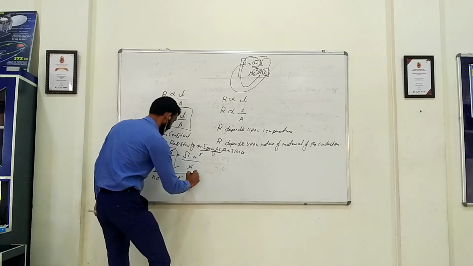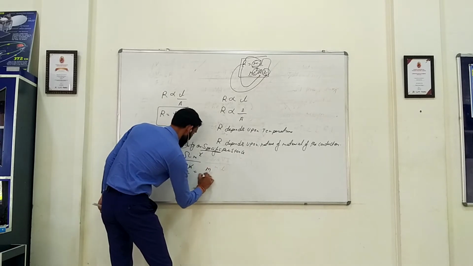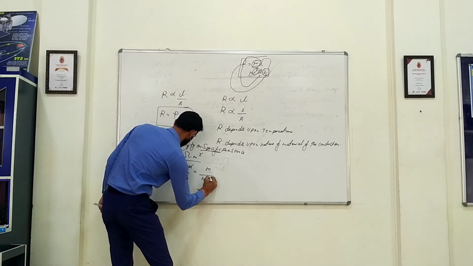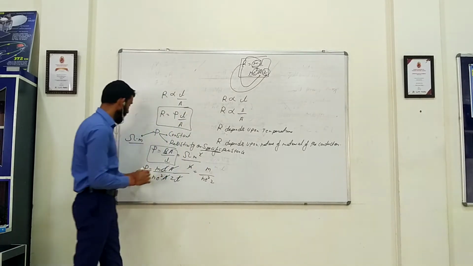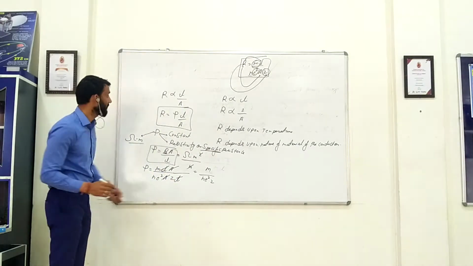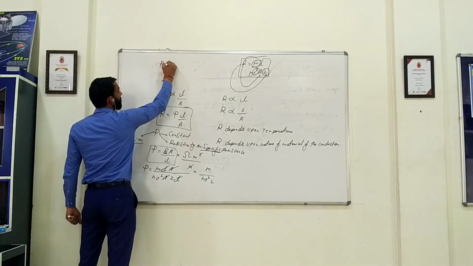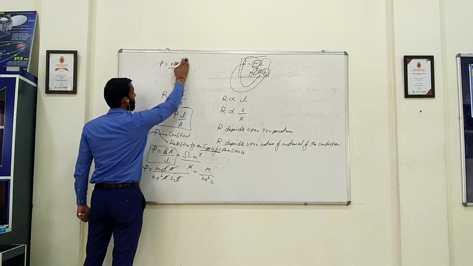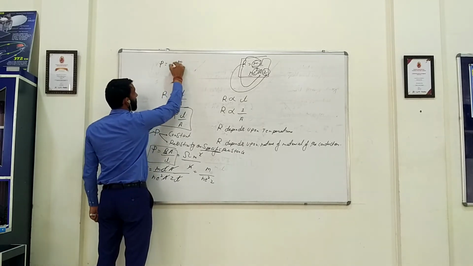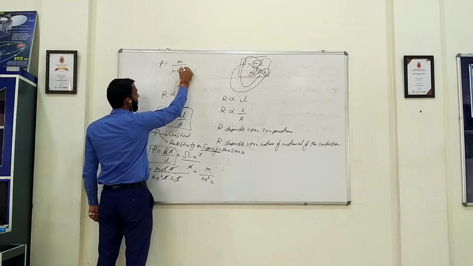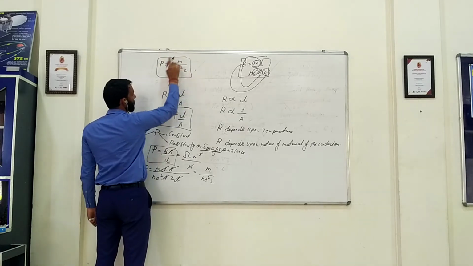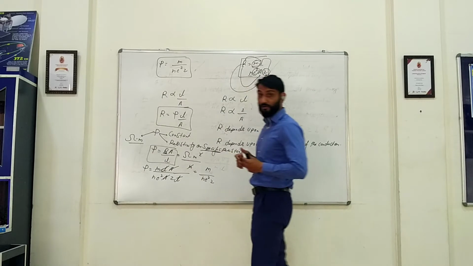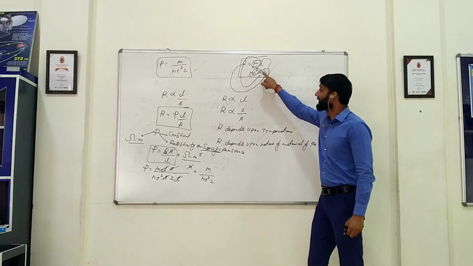So what am I left with? m upon n e square tau. So this is another formula for rho. What is the formula? Rho is equal to m upon n e square tau.